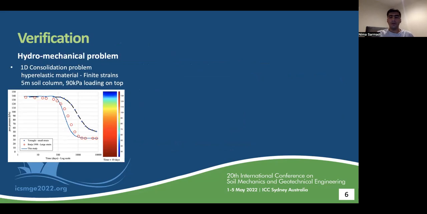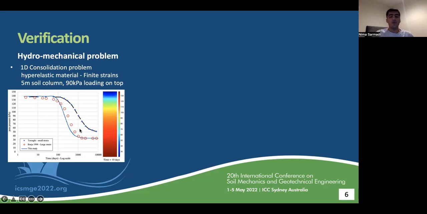After defining the mathematical model, we need to verify our hydromechanical model first. We simulate a 5-meter soil column, which is subjected to a 90 kilopascal distributed loading on top of the column. In this figure, we see the dissipation of the excess pore pressure. It is seen that our results nicely match the results provided by Borja.